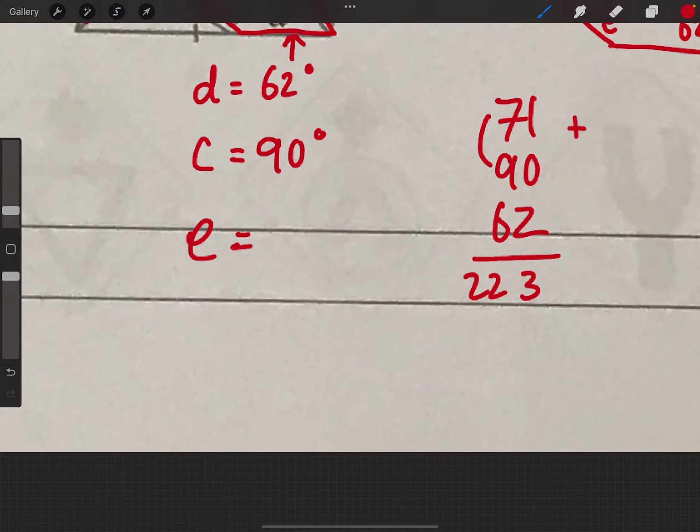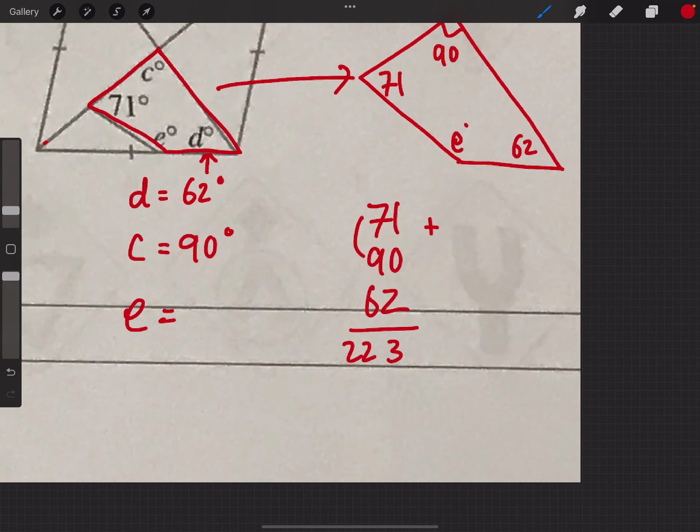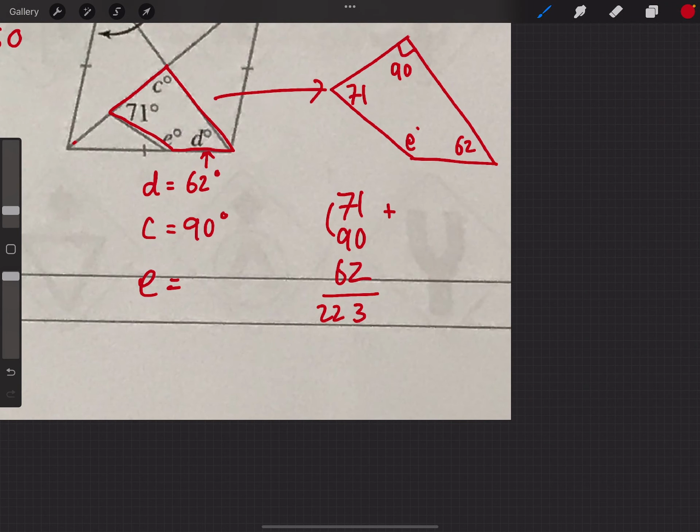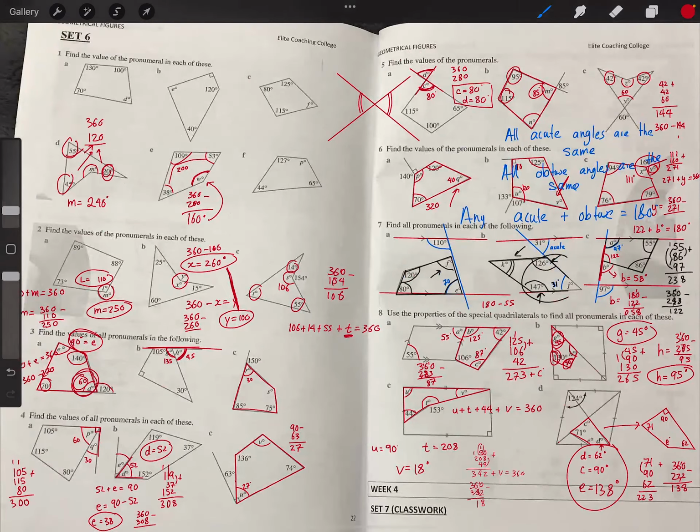So that gives us 223 degrees. Now, to find angle E, we say 360 minus 222. And that will give you 138 degrees. And you're done. All the questions are done there. Hope that helps.